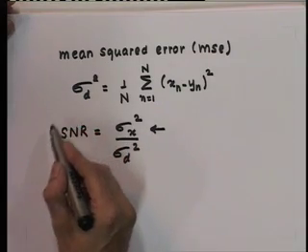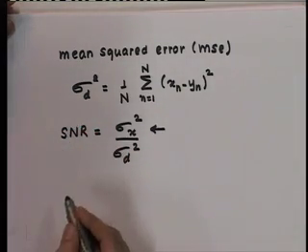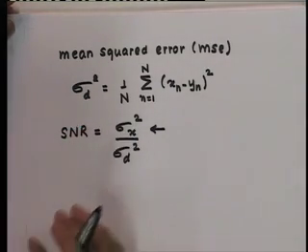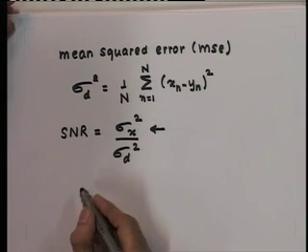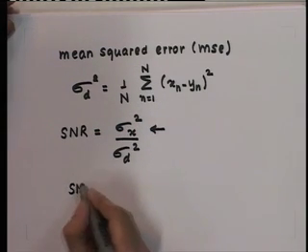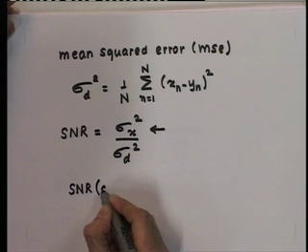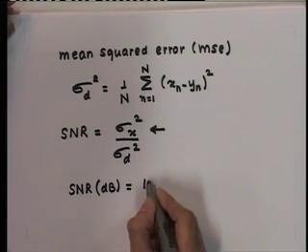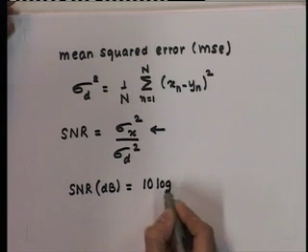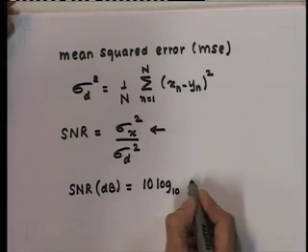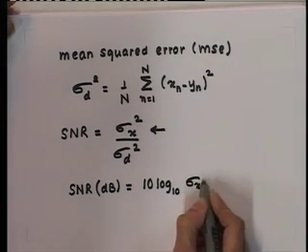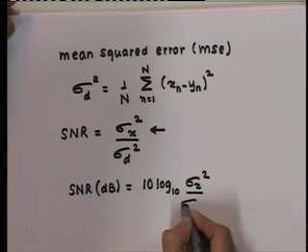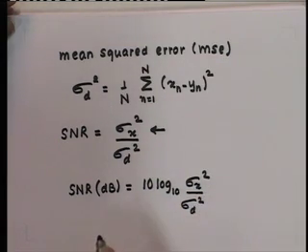Now, the signal to noise ratio is often measured on a logarithmic scale and the units of measurement are decibel. So, it is abbreviated as dB and written as 10 log to the base 10 of sigma x squared over sigma d squared.